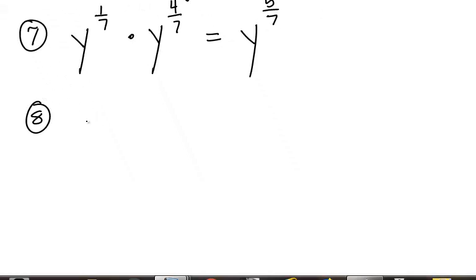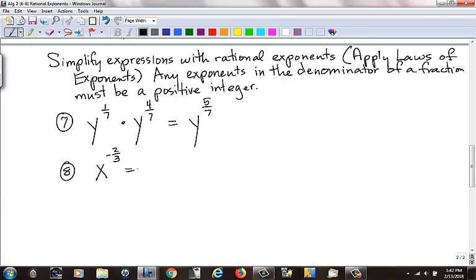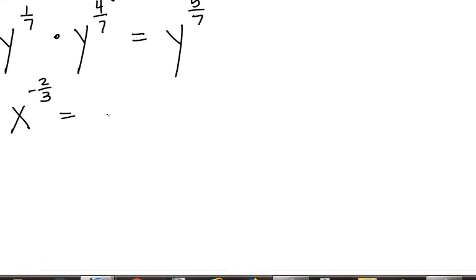If they gave you x to the negative 2/3 power, they're basically saying split this up so you have two quantities divided, and the one on the bottom has to have a positive exponent. So what they're doing is splitting x into x to the 1/3 divided by x to the first.